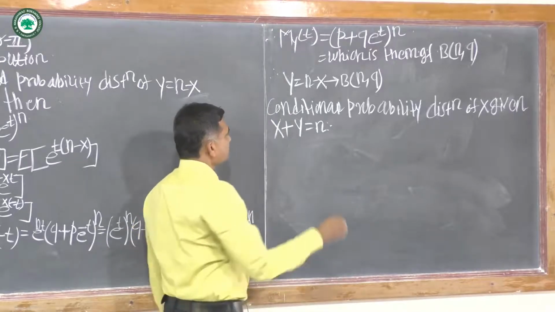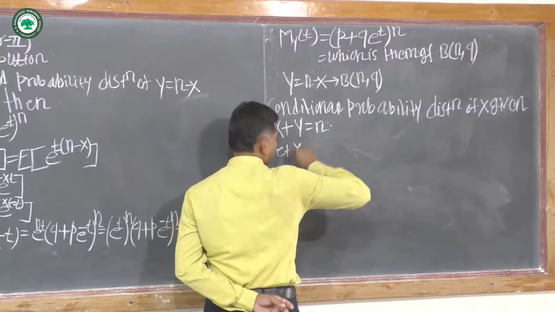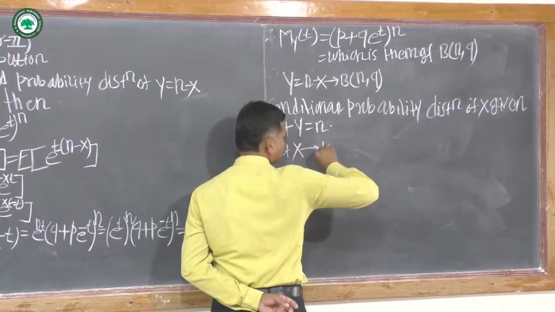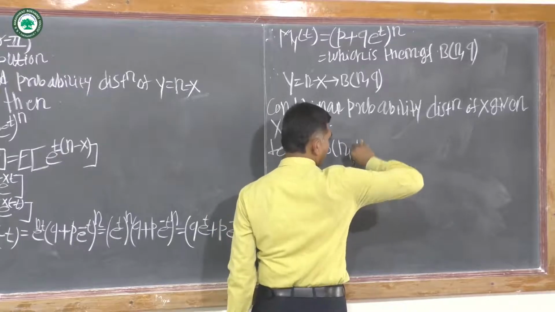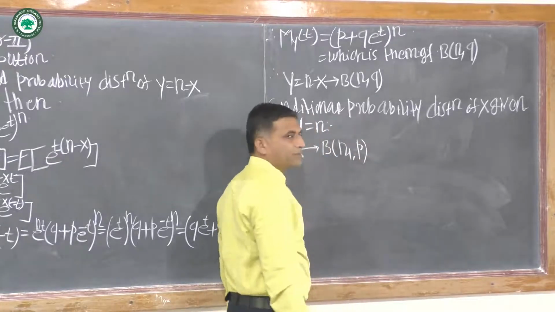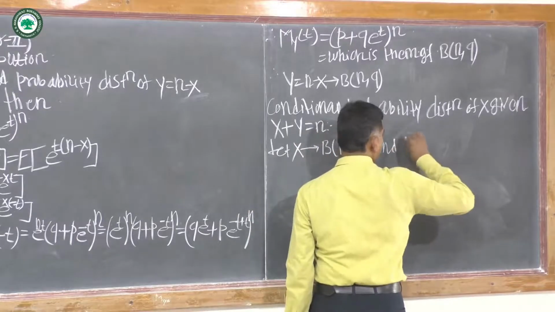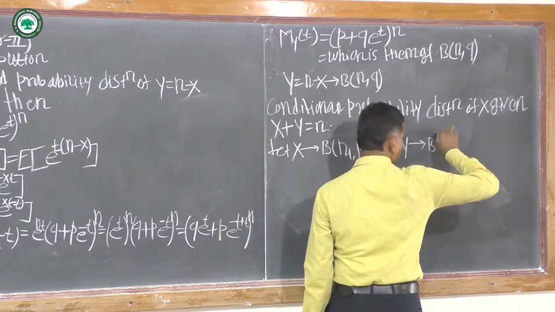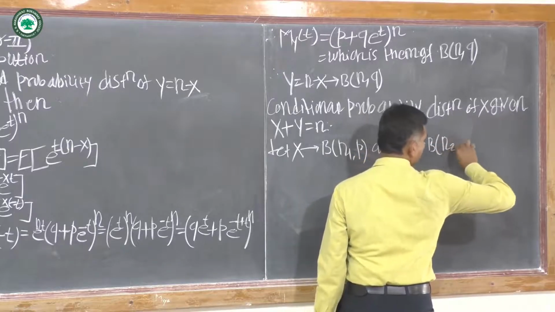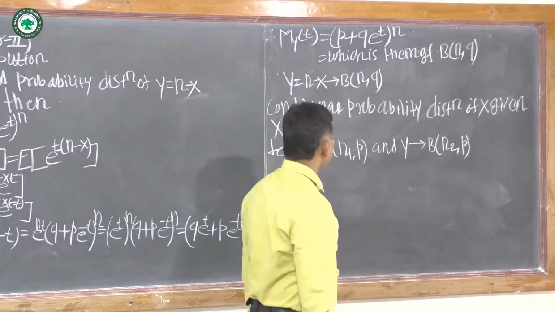Okay. Now see, let X follow binomial distribution with parameters n1 and p, and Y follow binomial distribution with parameters n2 and p.